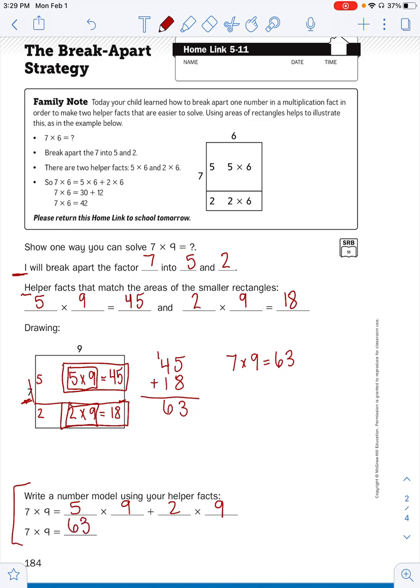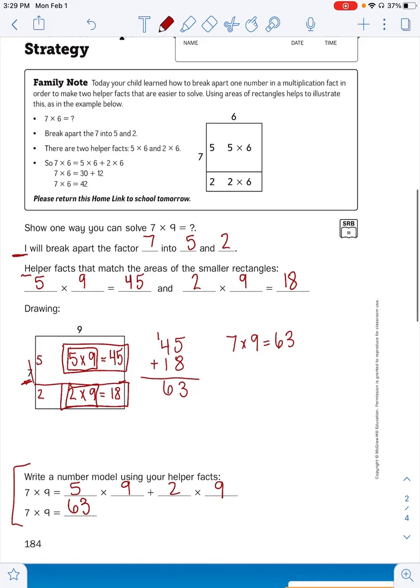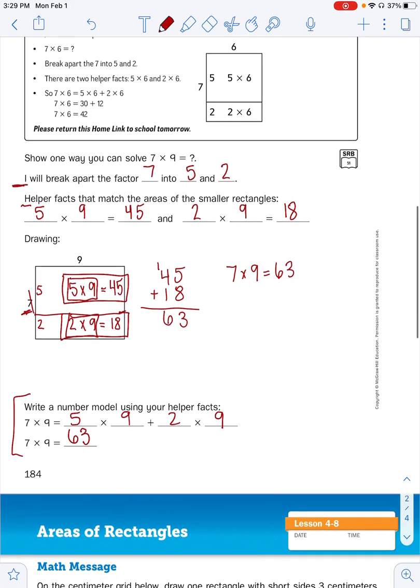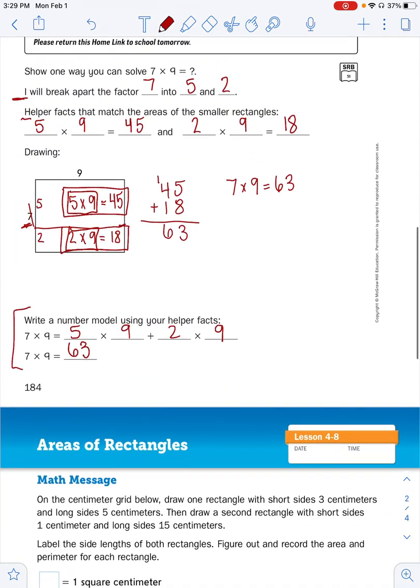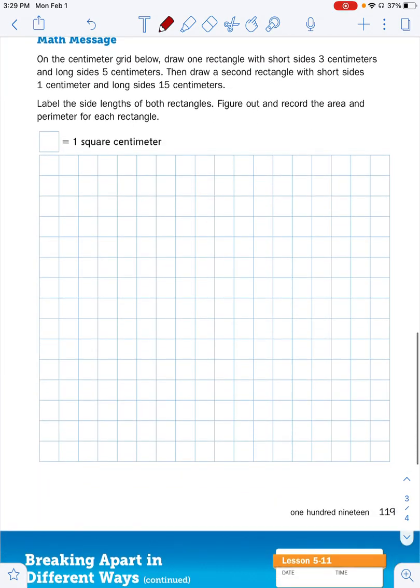All right. I'm going to include some grid paper for you if that would be helpful to you. So I'll just do it on this one. It was 9 and 7. So if you want to come over and draw yours, 1, 2, 3, 4, 5, 6, 7, and across 9, 1, 2, 3, 4, 5, 6, 7, 8, 9.